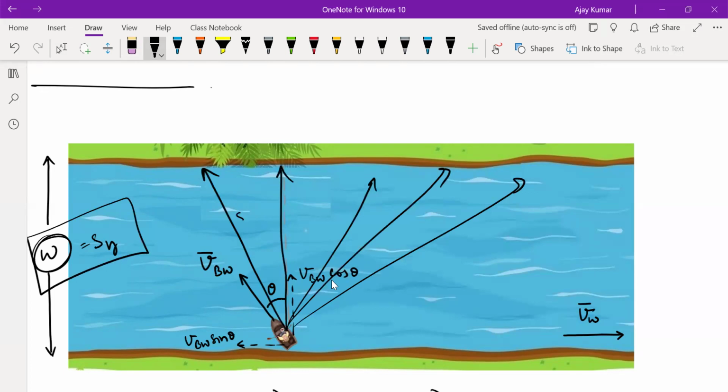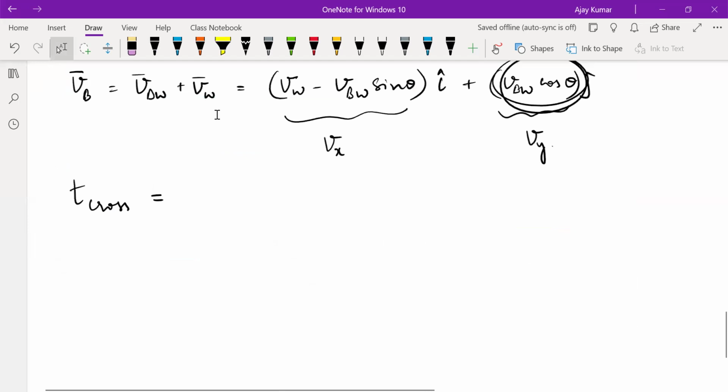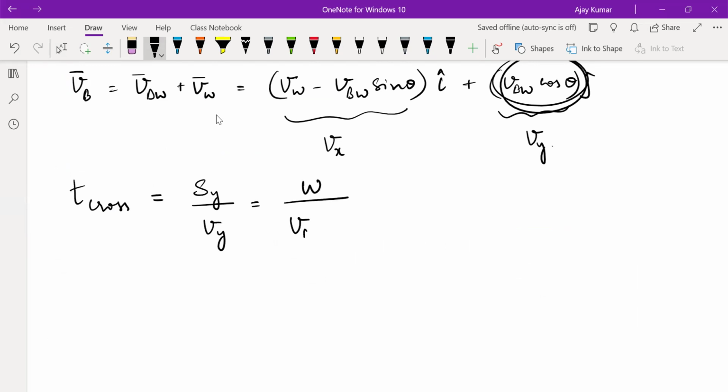That is what you will make use of to calculate the time taken to cross the river. So time taken to cross will be displacement in Y direction divided by the Y component of velocity. So it becomes W divided by VBW cos theta, where W is the width of the river, and VBW is the speed of boat relative to still water.